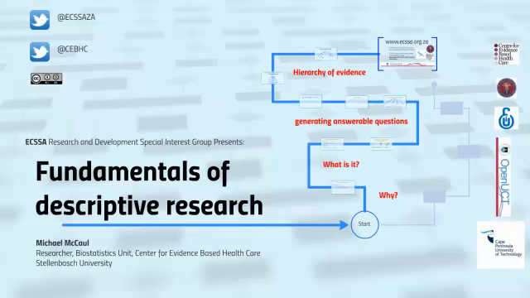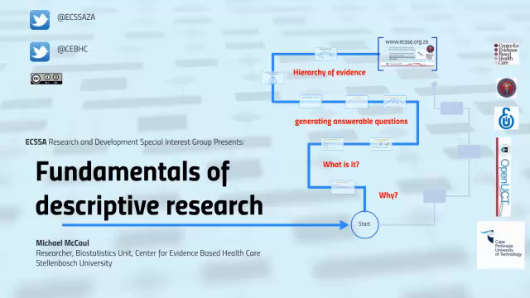But today I'll be speaking to you about some fundamentals of descriptive research, and my plan is to take you through a couple of outcomes. That is to make you understand why descriptive research is so important, and also what descriptive research is, what it involves, what kind of designs you would be looking at, and what kind of articles you might expect to see when you look at descriptive research.